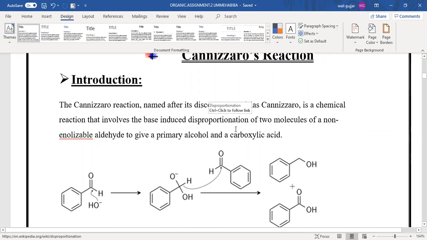Disproportionation means basically that a substance is oxidized and reduced simultaneously. And when disproportionation occurs in this reaction, two molecules are formed: one is a primary alcohol and the other is a carboxylic acid.